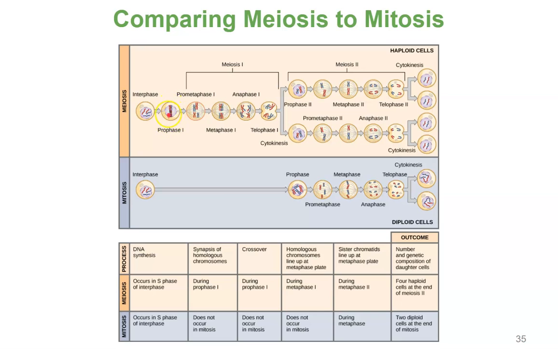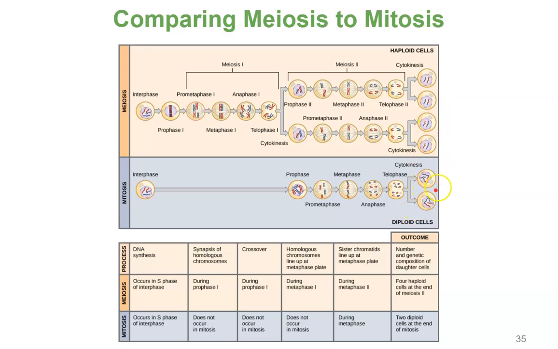The chromosomes line up in the middle of the cell in a double file line, which is not the same. So mitosis is just single file. Same with meiosis 2, single file line. And then the whole chromosome gets pushed to one side versus half of that chromosome. Okay, so do you see that difference there?